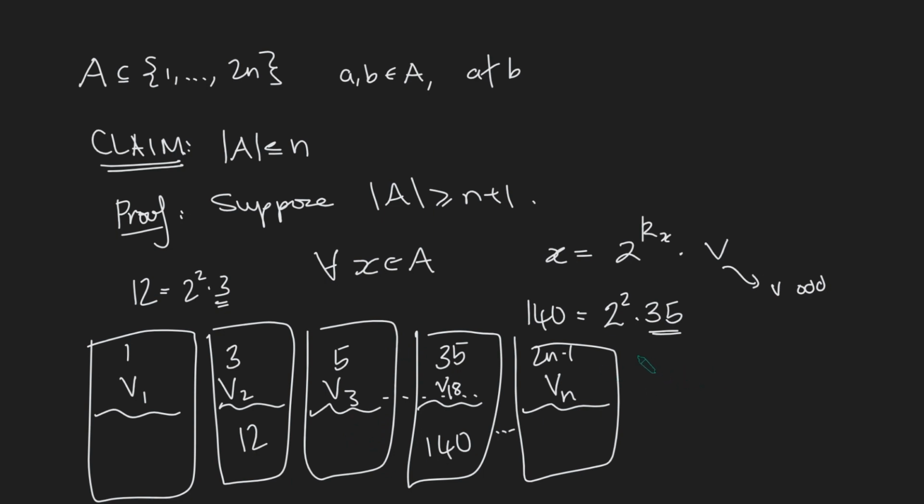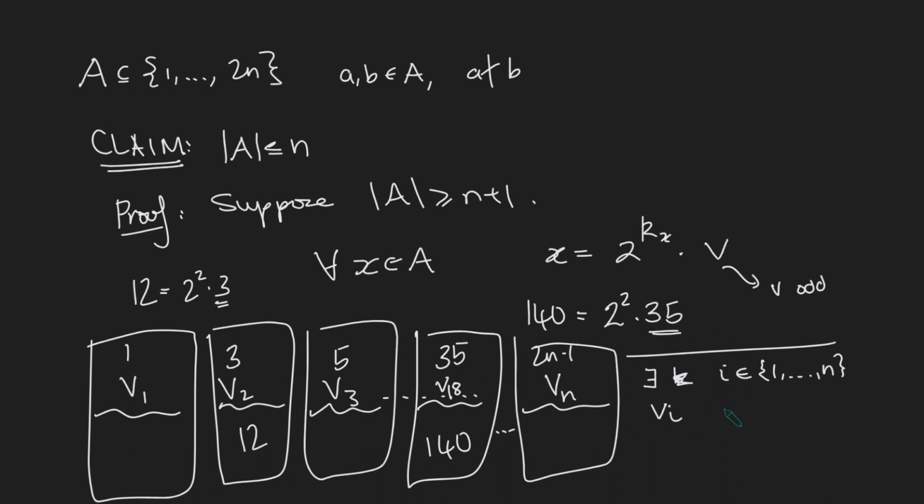So to put that mathematically, there exists some number i between 1 and n such that there are at least two elements in the box Vi.